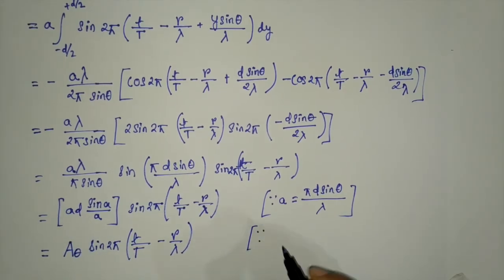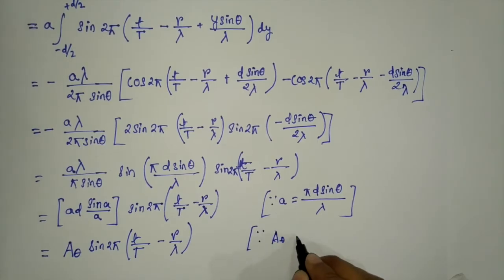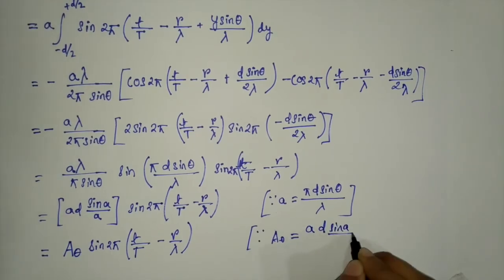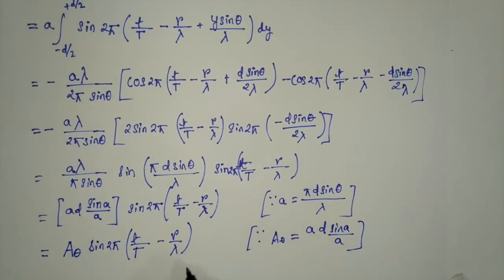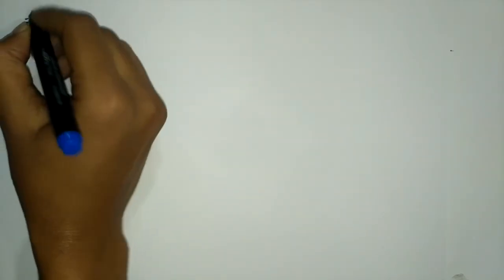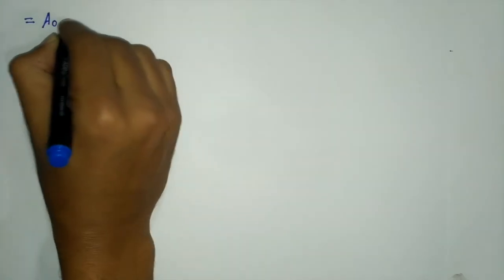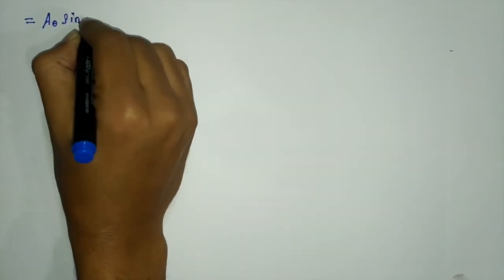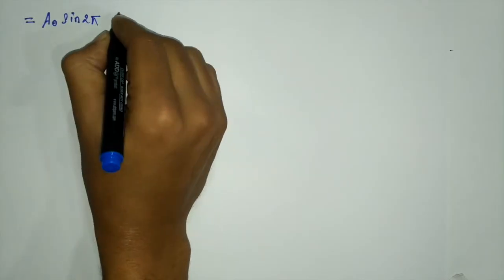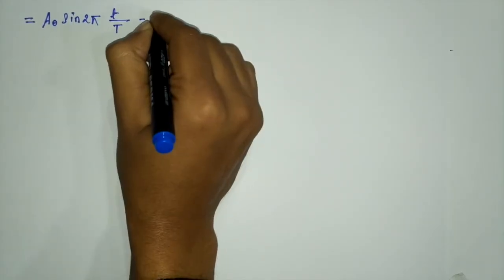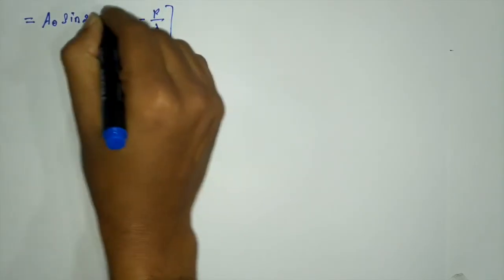Therefore, writing for our convenience, we have got capital A theta equal to A d sine A by A. So we can write this term as this equation. So we have got the resultant equation as capital A theta into sine of 2 pi into small t by capital T minus r by lambda.